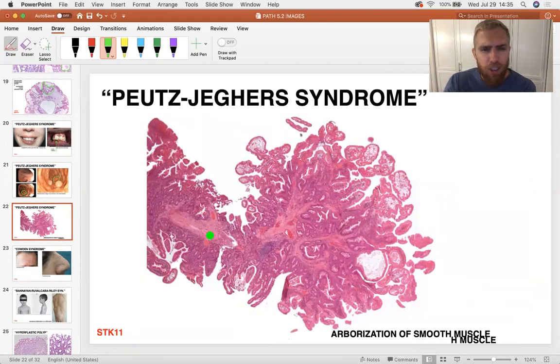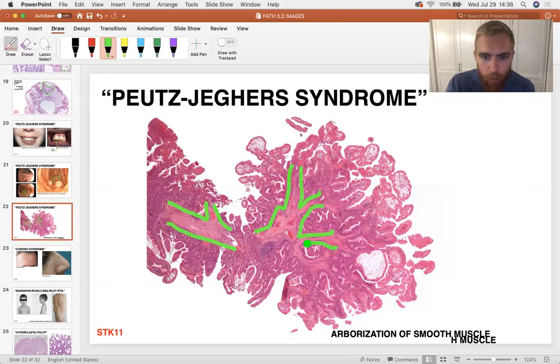Here's the histology looking at the arborization of smooth muscle. This is a real low power macro look at it. And I'm trying to outline the smooth muscle that I see in some green. And you can really tell that it's branching out exactly how a tree has branches.